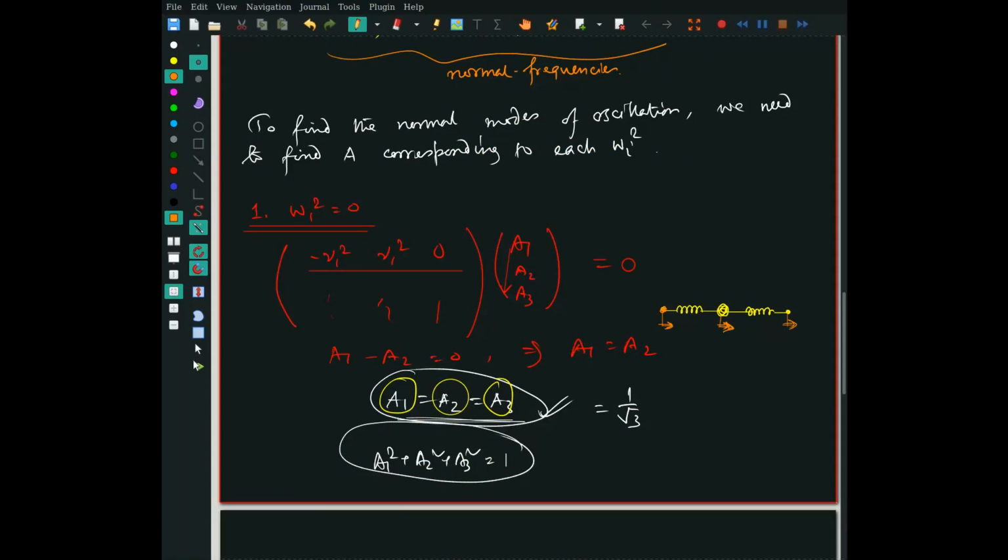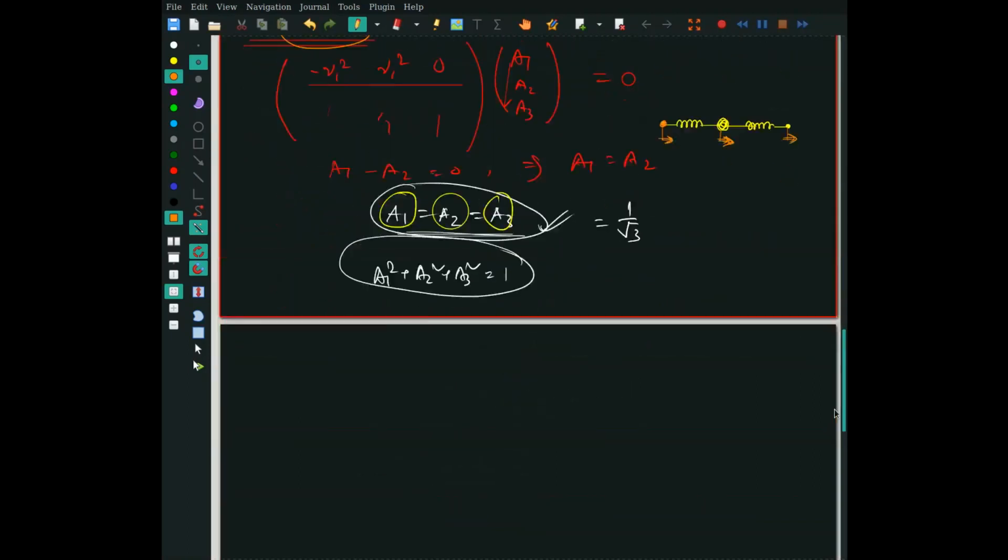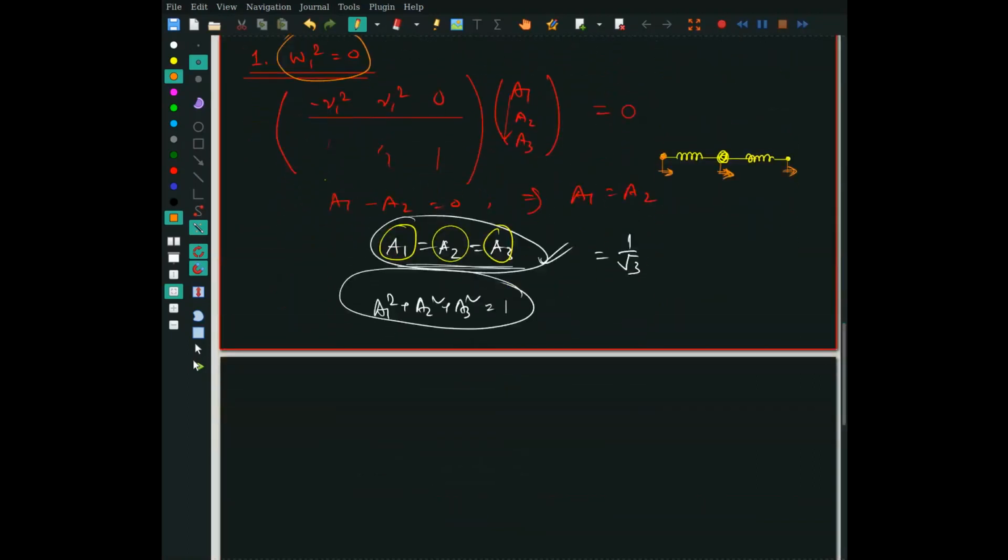So that's why there is no oscillation involved. You are basically translating the molecule, and that's why the oscillation frequency is 0. So it's not an oscillation, it's an overall translation.